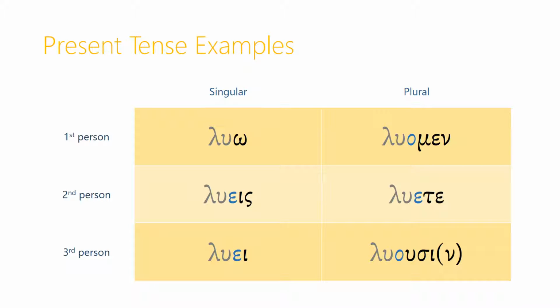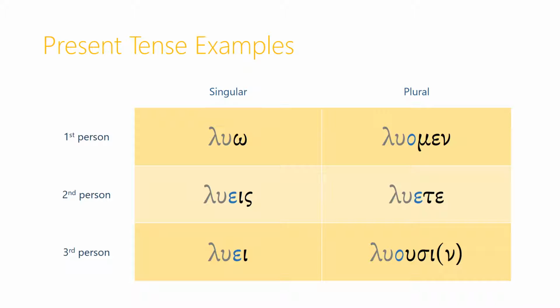If we look at the present tense forms then of the verb luo, which means I set free, in the singular, the first person, I set free, would be luo. The second person singular would be lueis, and that would mean you set free, singular. The third person singular would be luei, and that would mean he, she, or it sets free.